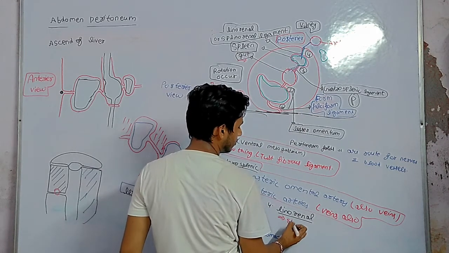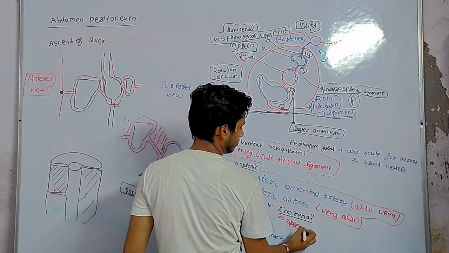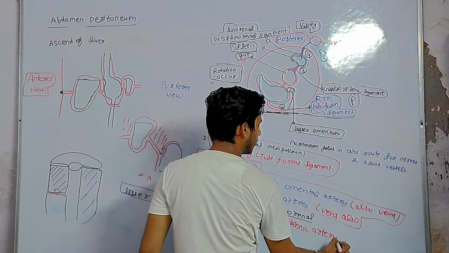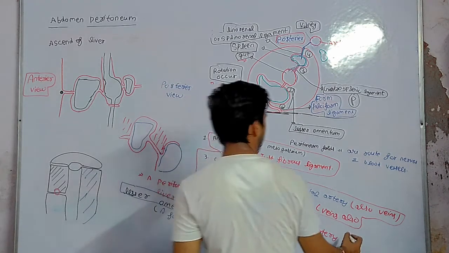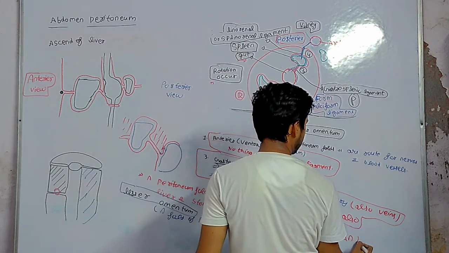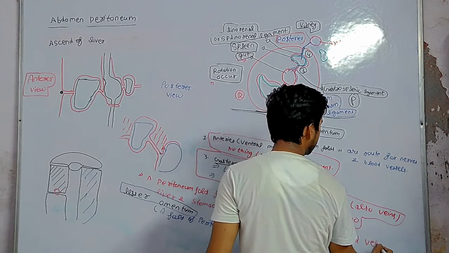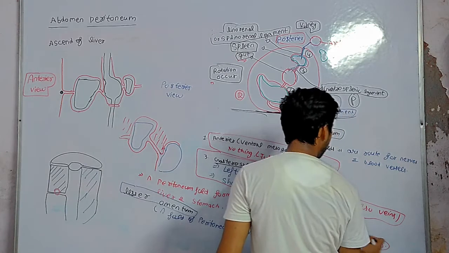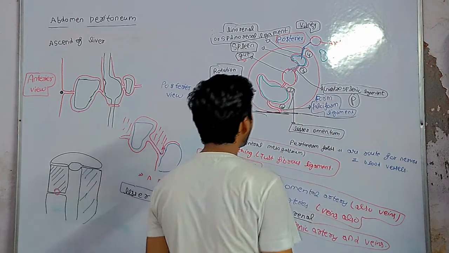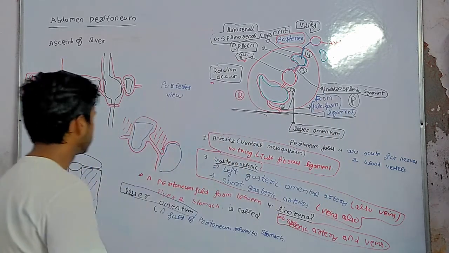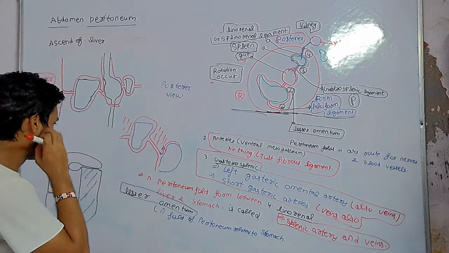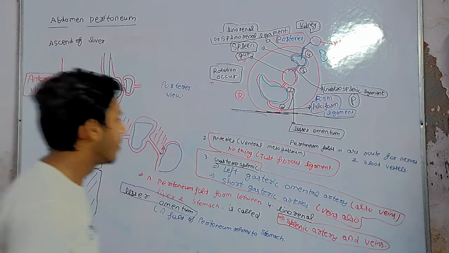So the splenic artery and vein also come, basically the splenic vessels. Done, which is the content of the lienorenal ligament. So the folds are again completed. Now draw this.